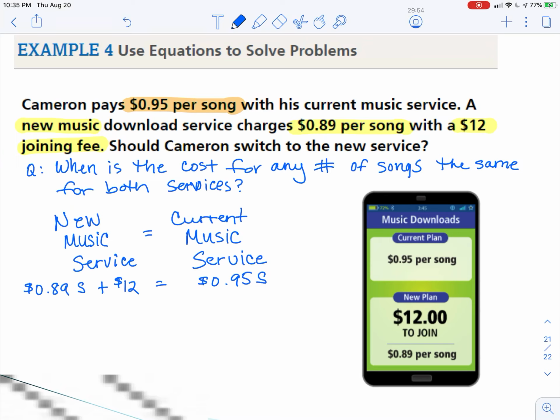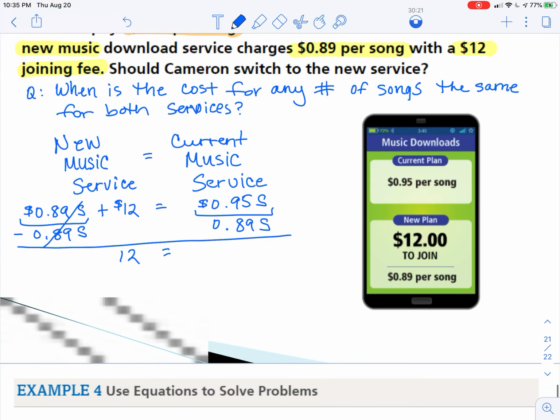Okay, so let's do the math on this. So I have two S terms here. I have this S term and this S term. So we want to get those together. So let's subtract 0.89 S from both sides. You can put the 0 there if you like having that over on the whole number side. Those 0 out, I'm left with 12 equals, and if you put this in your calculator, 0.95 minus 0.89, you're going to end up with 0.06 S. Don't drop your variable off.